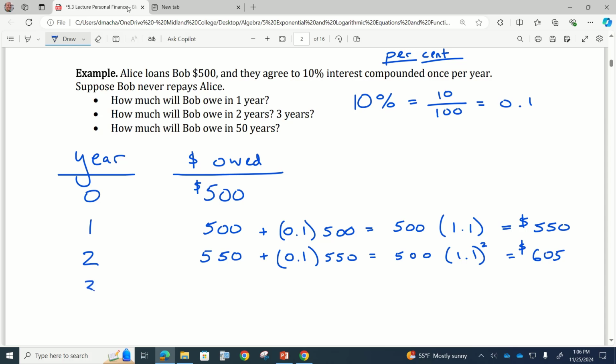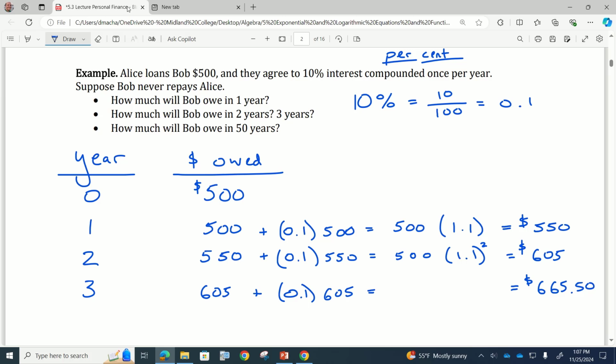What about at the end of year 3? Well, Bob is going to owe $605 plus 1/10 of $605. And that is going to be 605 plus 60.5. That'll be a total of $665.50.